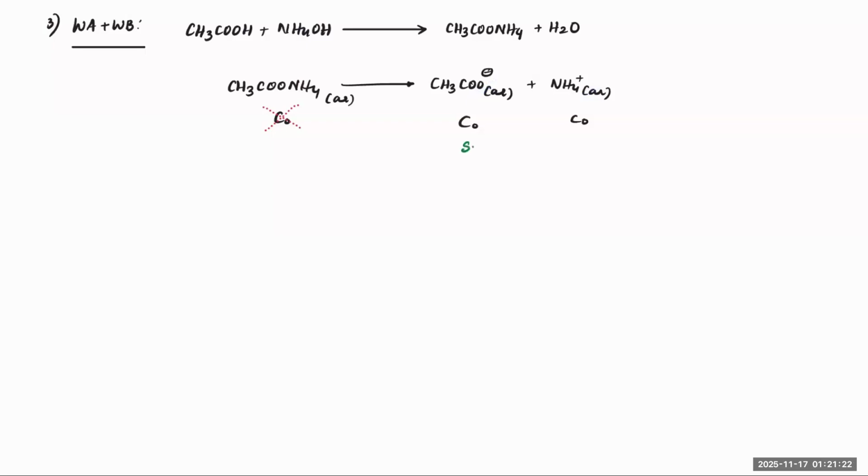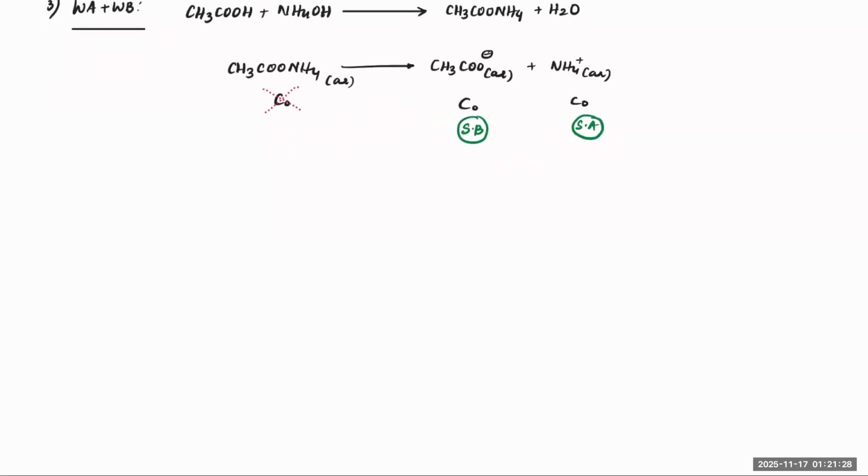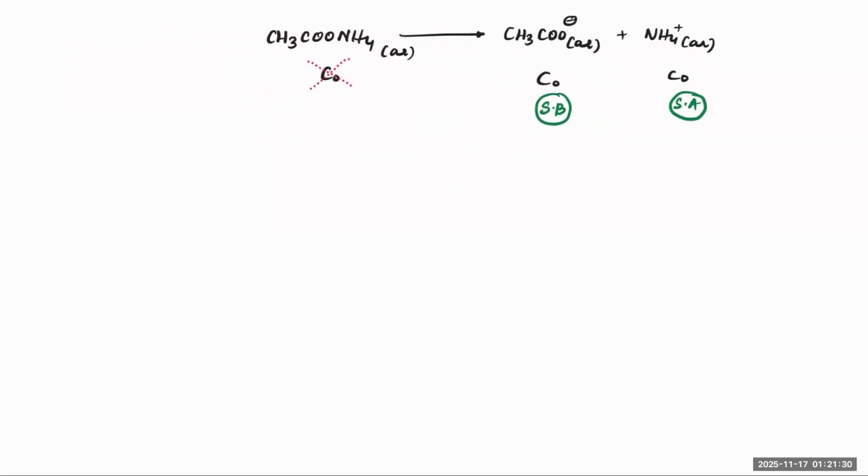This is a strong base and this is a strong acid. Both will help in hydrolyzing the water molecule. Got it? Now listen, since both of them are present equally and both of them are present independently, we expect both of them will react with water like this.